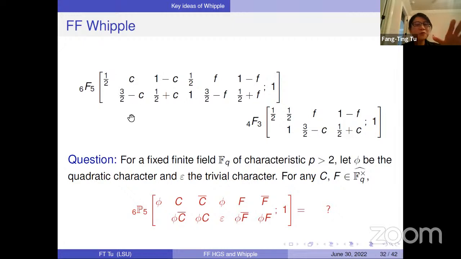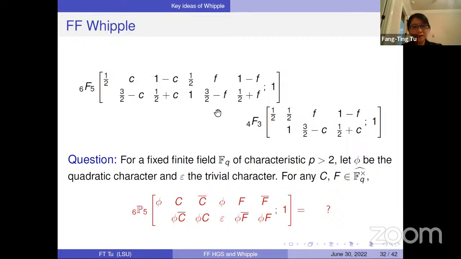So we replace the half integer by the quadratic character phi. And we also let epsilon be the trivial character, which is the finite field analog of the integers 1, 1, 1 here.